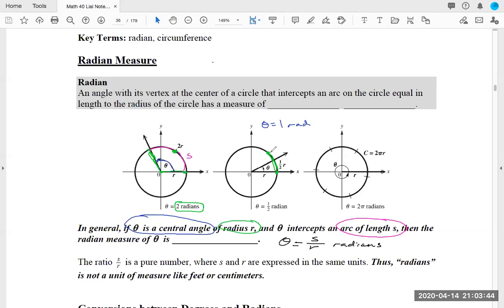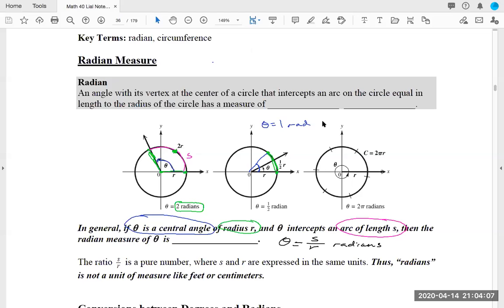Okay. So the reason why I wrote it in blue is just so that you know this would still be the theta value traveled. But the relationship is that you've gone 1 radial distance around the circle.